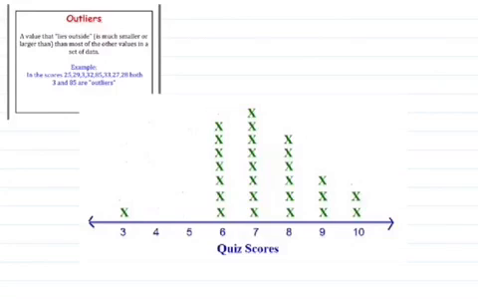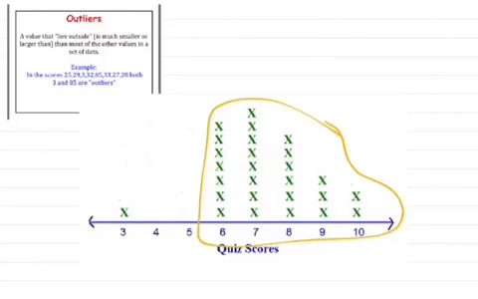But if we look at the dot plot below, you can kind of see in this section most of our data is concentrated in this section right here. 6 through 10 is where we have most of our data. But the outlier, when we identify the outlier, that's going to be the value that seems to be outside of or has a strong variance from the rest of it.